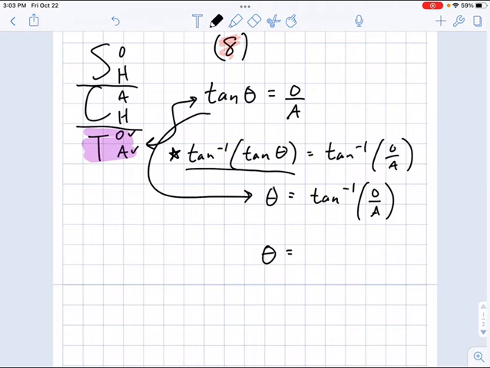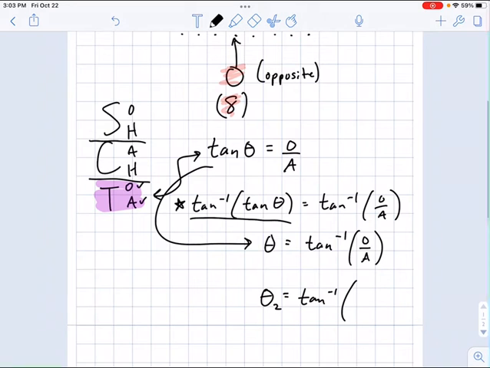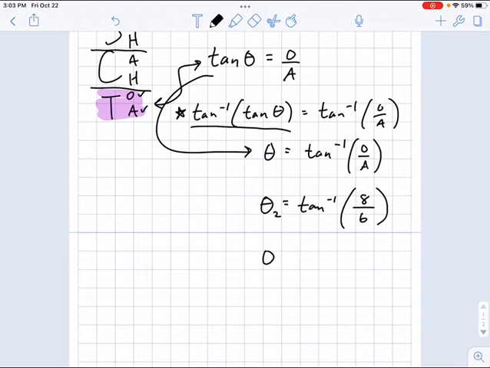Theta, in this case theta 2, is equal to inverse tangent of the opposite side length, which is 8, over the adjacent side length, which is 6. Then you can just go to your calculator and say inverse tangent of 8 over 6. You can type in 1.33333, but you might as well just leave it as a fraction.